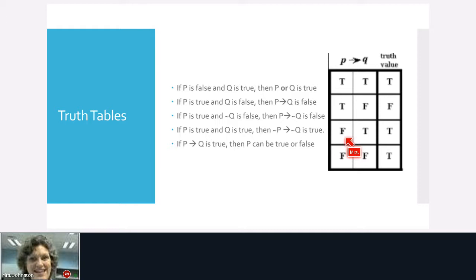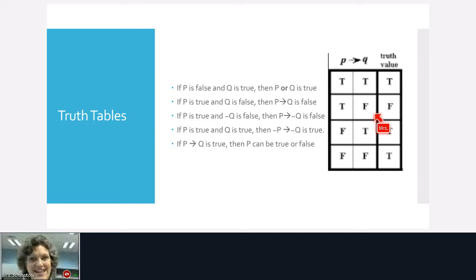If P is false and Q is true, then the whole statement is true. And if both of them are false, then it is also true. You'll notice that the only time the truth value is false is if the first statement is true and the second statement is false. Now, how could this be understood?